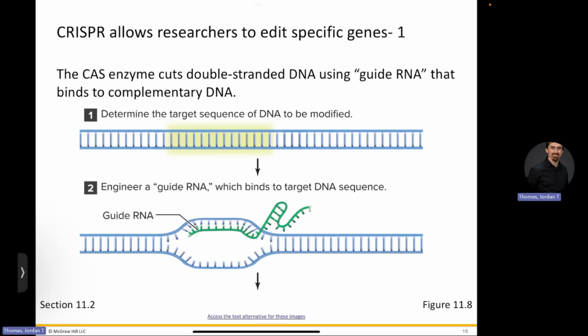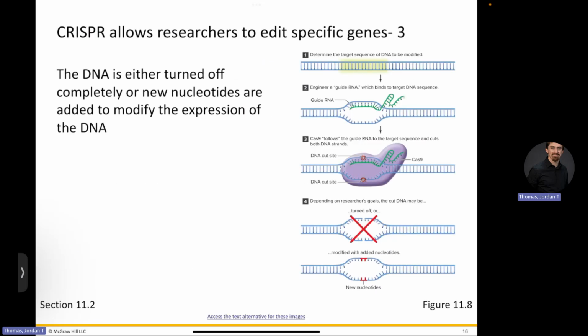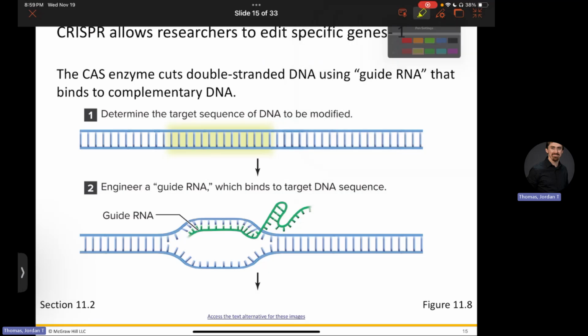So, CRISPR. CRISPR is a very new technology. This is something that, as I went through college and even grad school, was first being developed. CRISPR allows researchers to edit specific genes. So this is the first time we're talking about editing a specific gene.